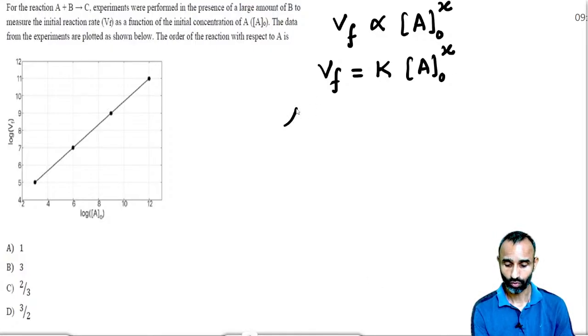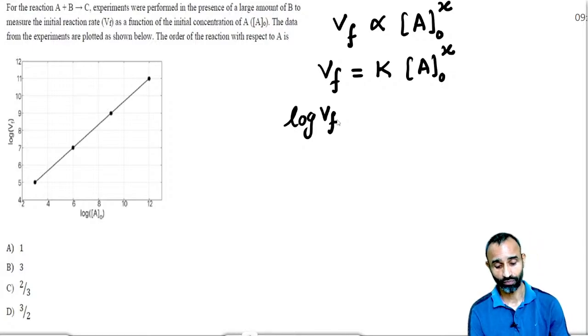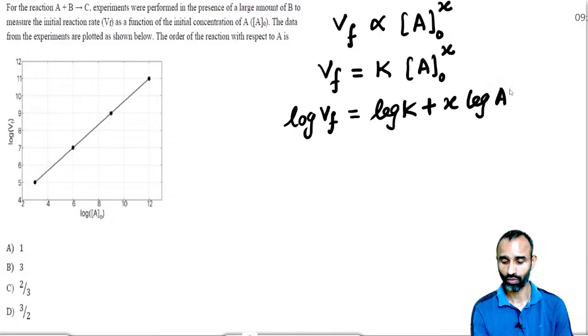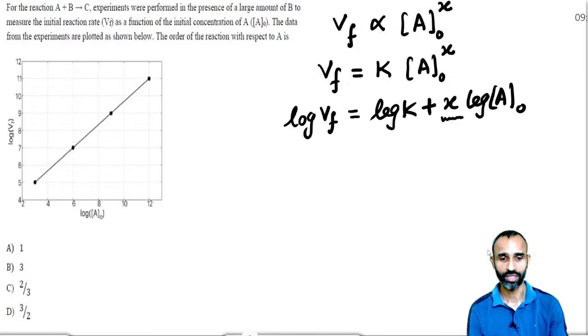Taking log, the graph is log of V naught versus log of A naught. Log of V naught is equal to log of K plus x into log of A naught, right? So we have to calculate the value of x, that is the order of reaction.